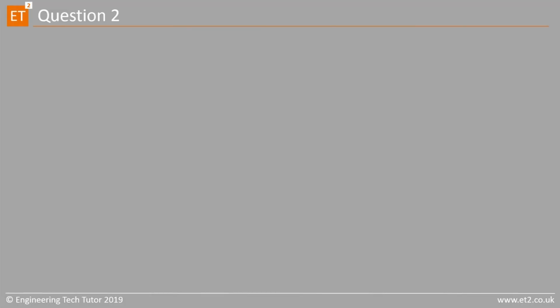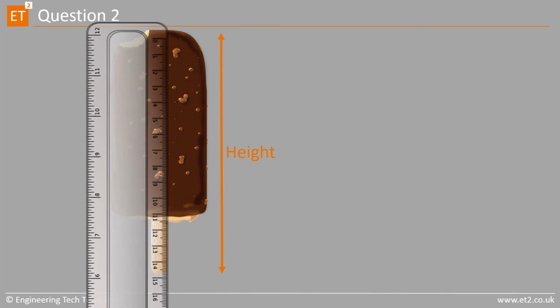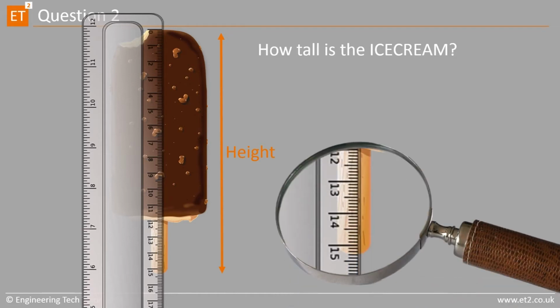Question number 2. What a delicious looking ice cream! We will need to measure its height. Using the ruler, how tall is the ice cream? Don't forget, we need to measure the millimetres as well as the centimetres, so look closely.